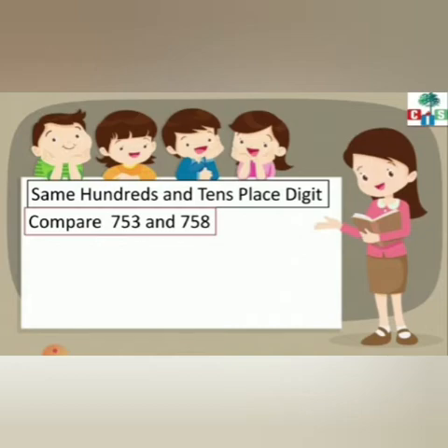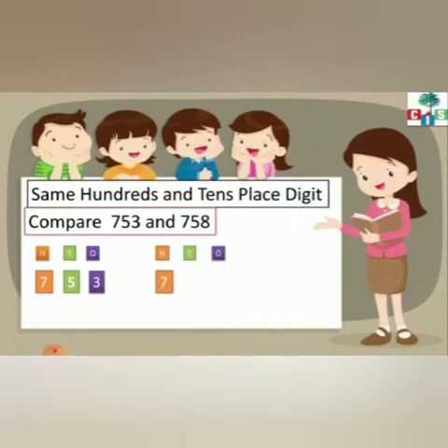I will write 7 under hundreds, 5 under tens, 3 under ones. Now the next number: 7 under hundreds, 5 under tens, and 8 under ones.